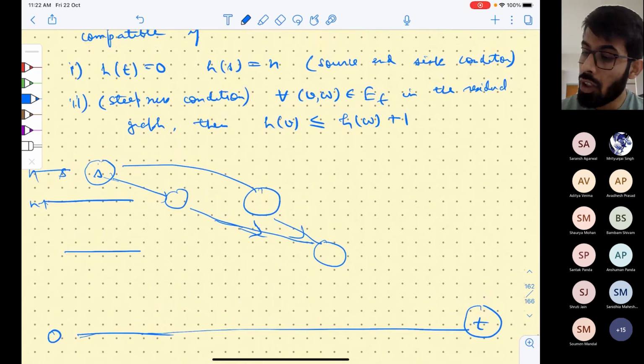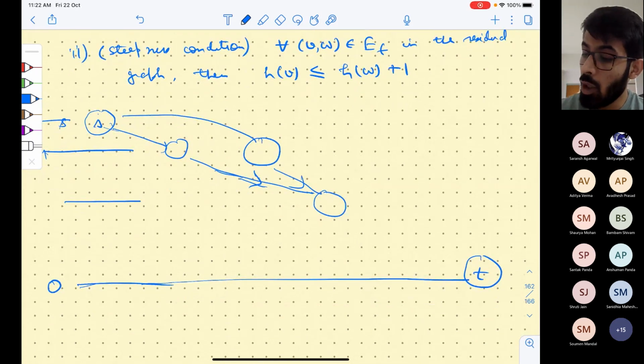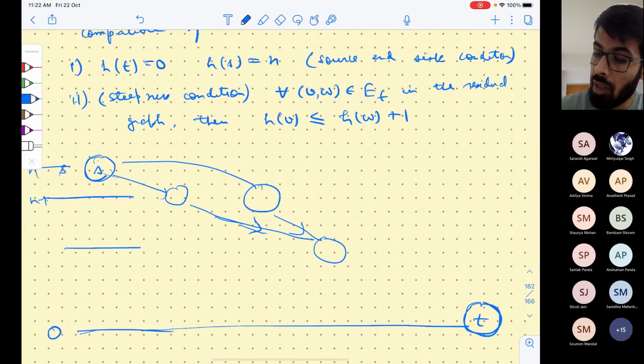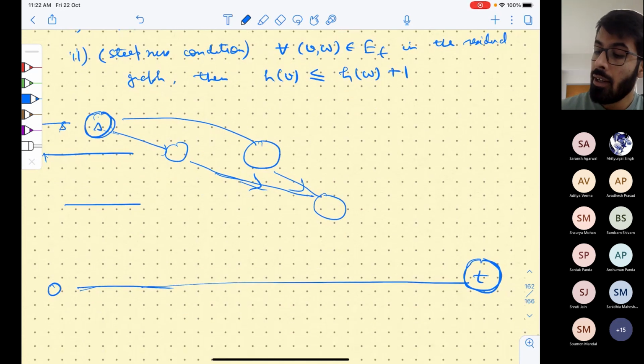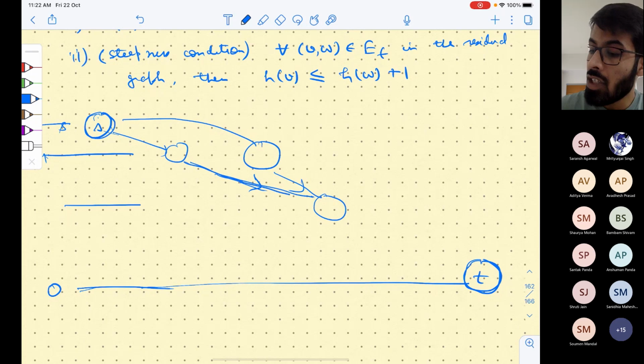And what does the first condition say? The first condition says that t always remains at 0 if compatible, and s always remains at n. And now for any edge that is there in the residual graph, look at the two nodes, their height difference can be at most 1.